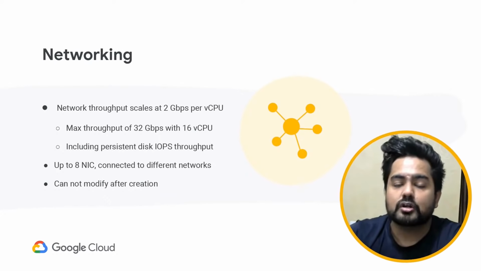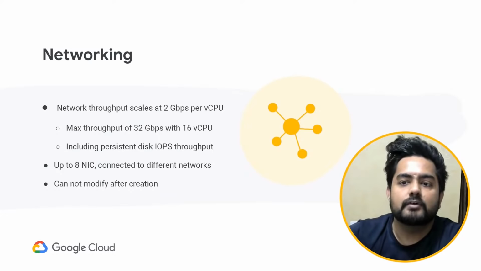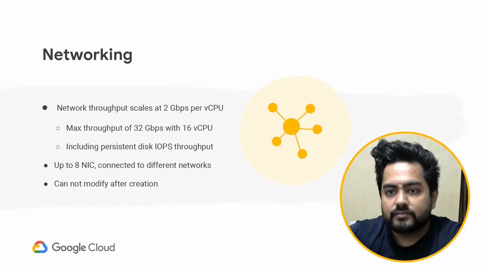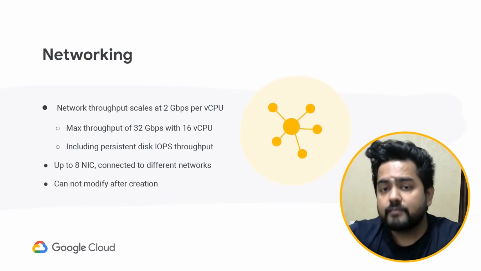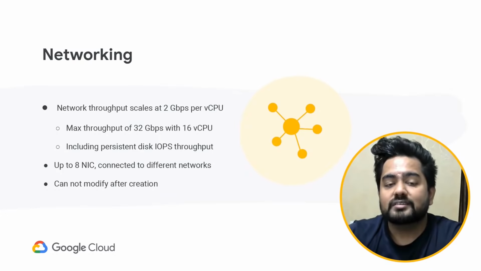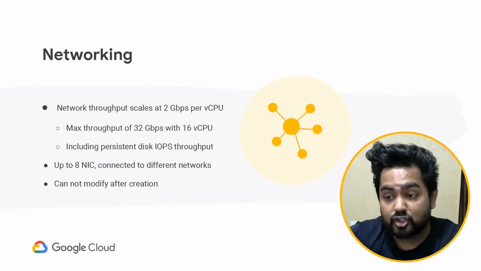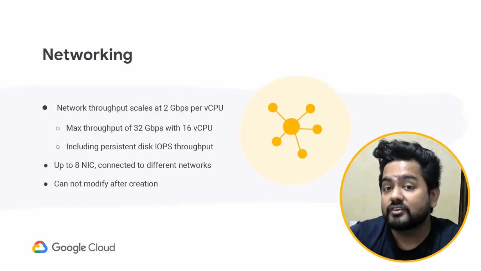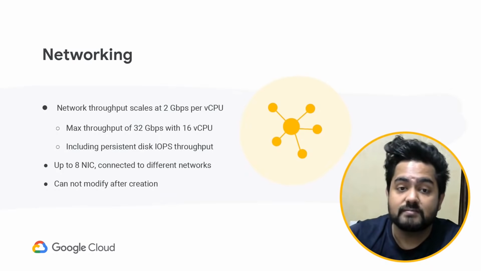Each Compute Engine virtual machine comes with a virtual network interface controller. We call it a VNIC. Every network interface has a throughput which can scale at 2 gig per second per vCPU. Remember, 2 gig per second per vCPU, up to 30 gig per second with 16 vCPU cores.